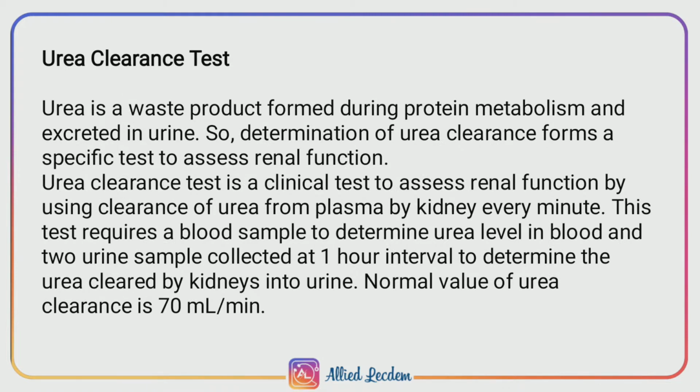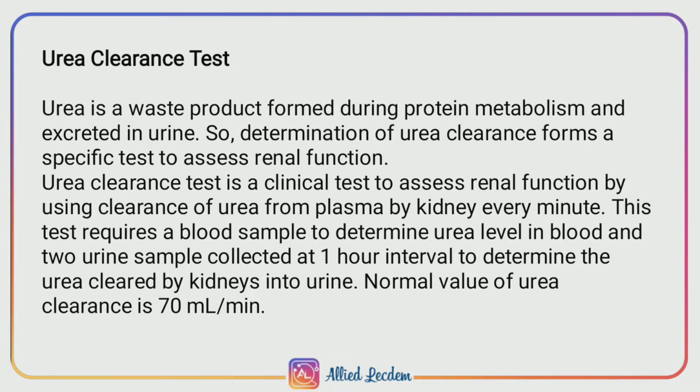Urea clearance test. Urea is a waste product formed during protein metabolism and it is excreted in urine. So, determination of urea clearance forms a specific test to assess renal function. Urea clearance test is a clinical test to assess renal function by using clearance of urea from plasma by kidney every minute.